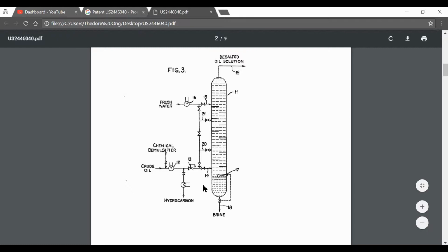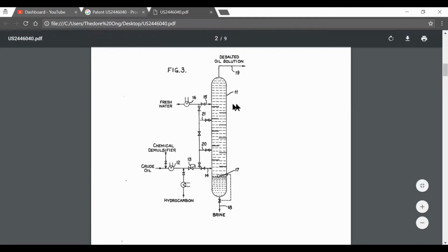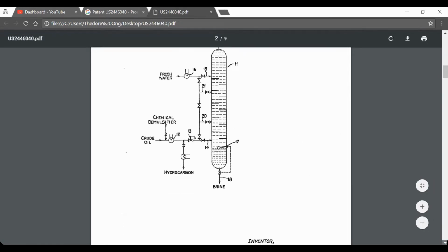Now 14 is where the oil and water mixture can go in. Now you can see this valve system, 15, 21, and 20, that allows you to control where the water actually enters the tower. Okay, so that's just a rough idea. Let's see whether there are any more figures.